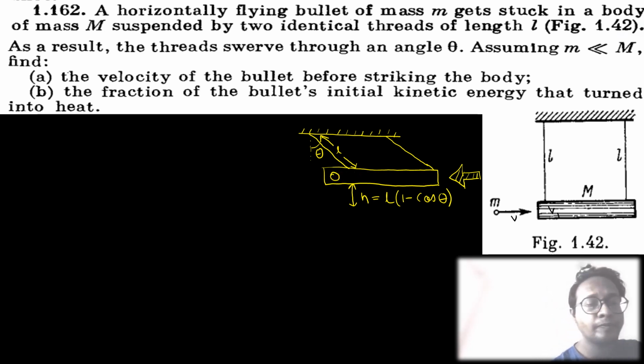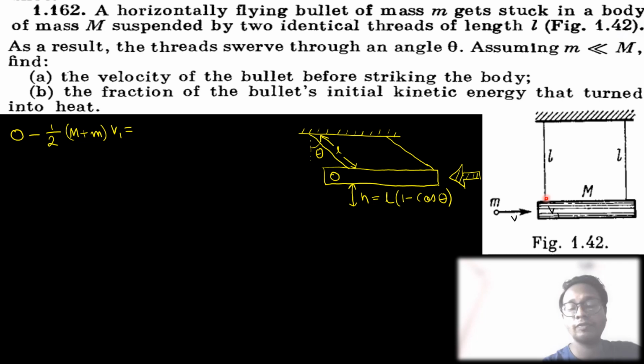So 0 minus half, mass of the plank plus mass of the bullet, into v1 squared, is equal to the work done by the forces. See, there are two forces. One is the tension force and another is the mg force.